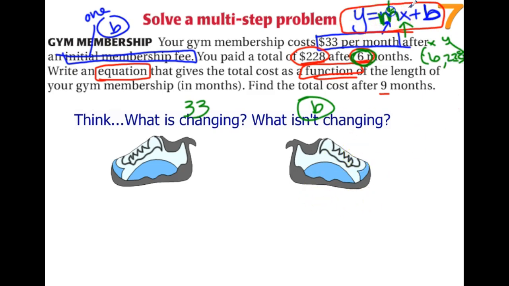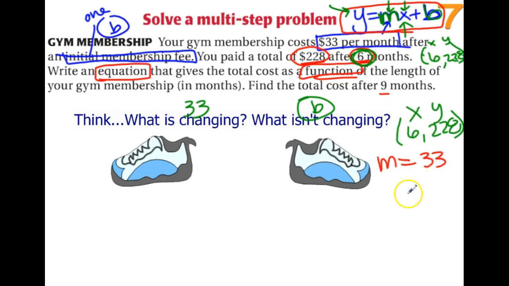Because this cost multiplied by the number of months plus our initial membership fee will give us y, which is our total cost. So we have this point, I'm going to rewrite it down here, 6, 228 for x and for y. And we also know our slope, or our m, is $33 each month.